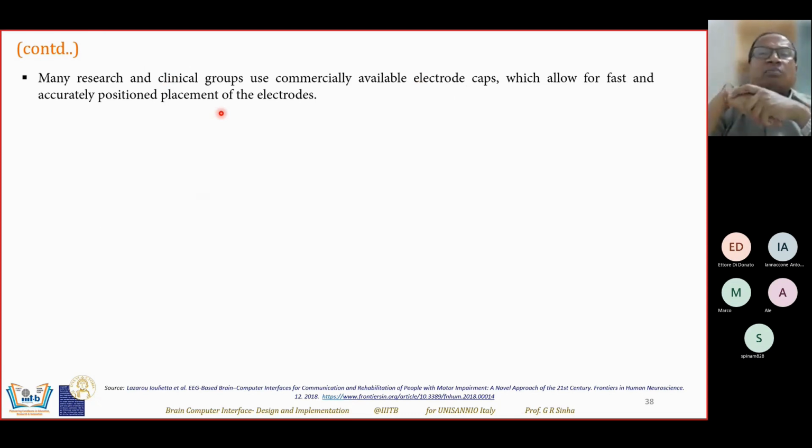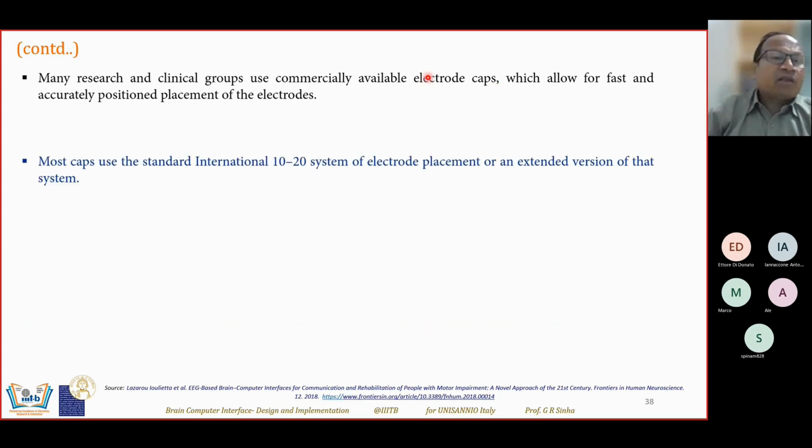Do not worry about positioning the electrodes very properly. Just wear the cap. There are some commercially available designs of electrode caps. Just wear that, and wherever you want to capture the signal, you insert the electrodes in the given slots of the cap.